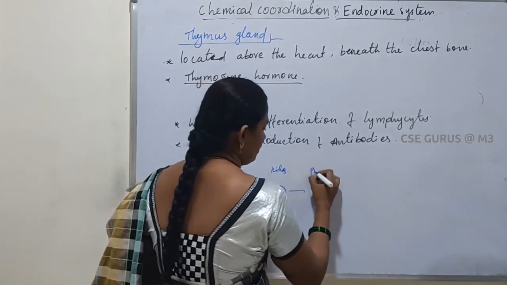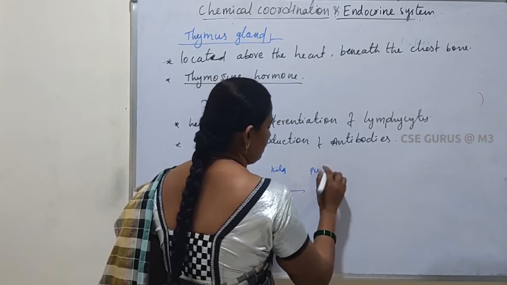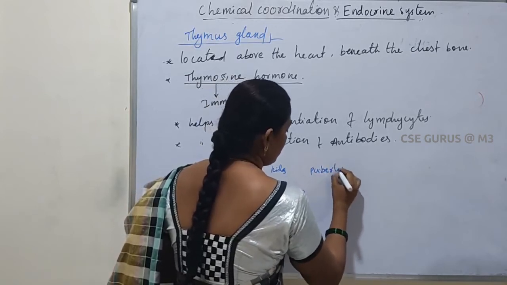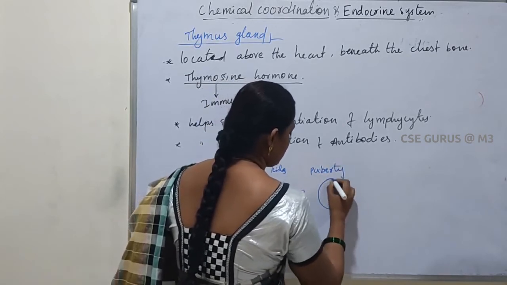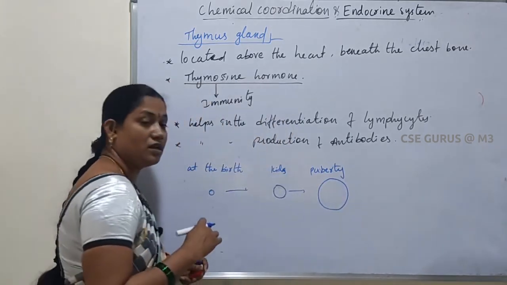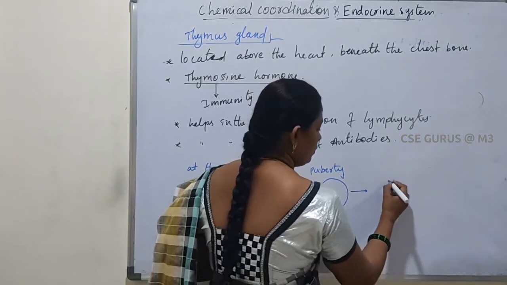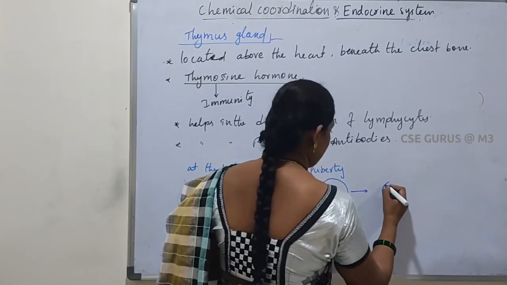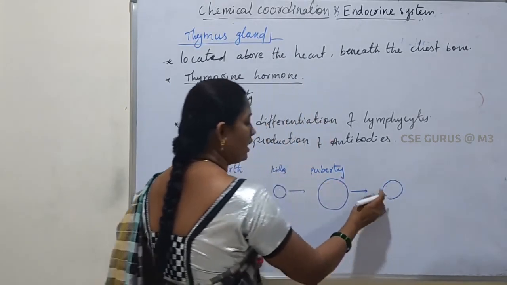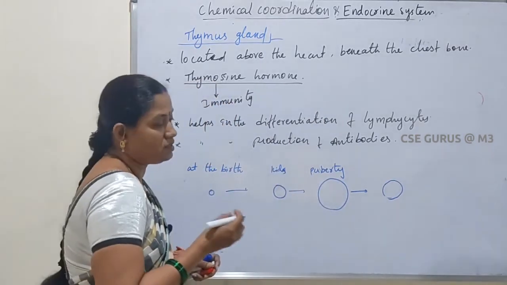Whenever the kids reach puberty, it reaches the maximum size. Then after that, slowly the size of this gland decreases.